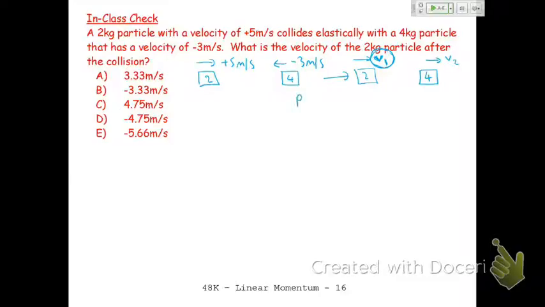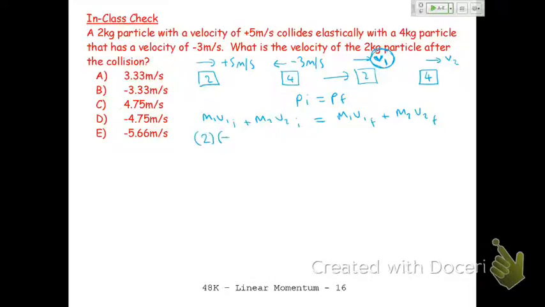Then I say my P initial equals my P final. So I'm going to say M1 V1 initial plus M2 V2 initial equals M1 V1 final plus M2 V2 final. Frankly, in a test I might skip that step, but it would be a bit risky if I do that.